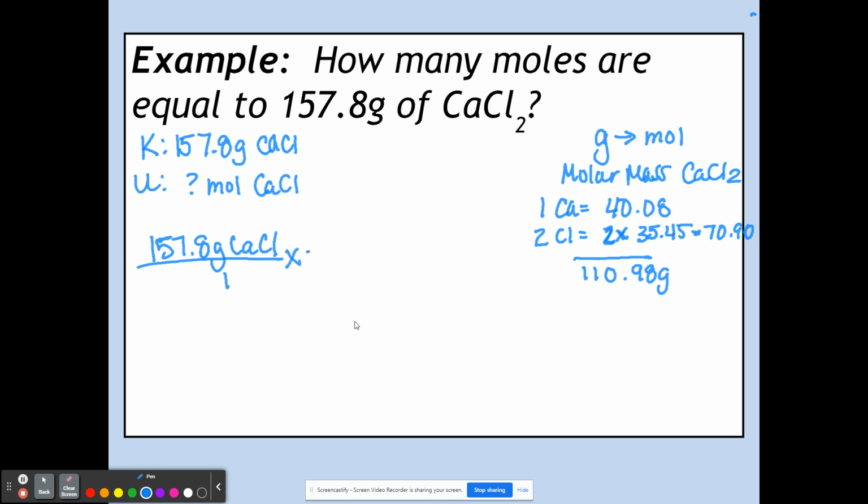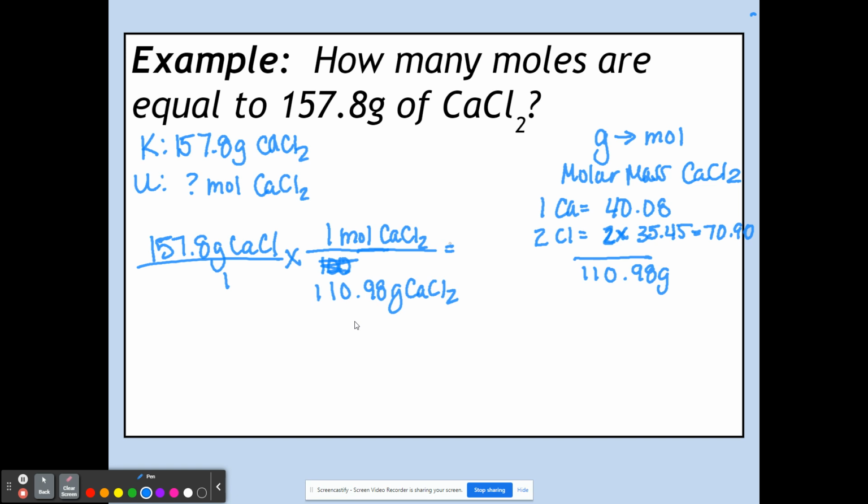Then I have grams on top, so I know my grams are going to be on bottom. And on top, I have 1 mole of calcium chloride.